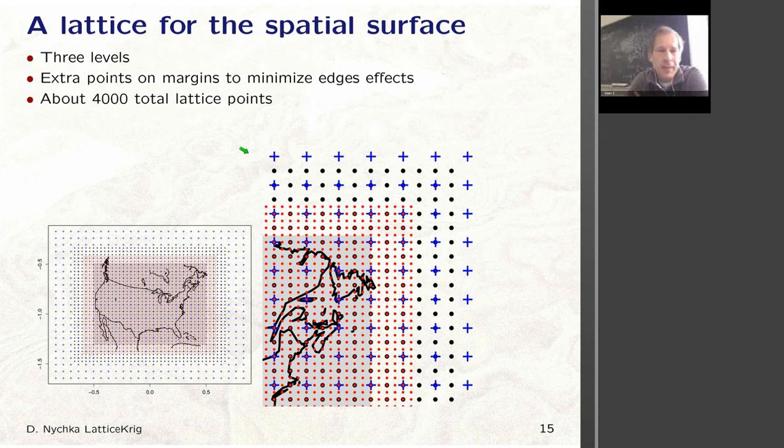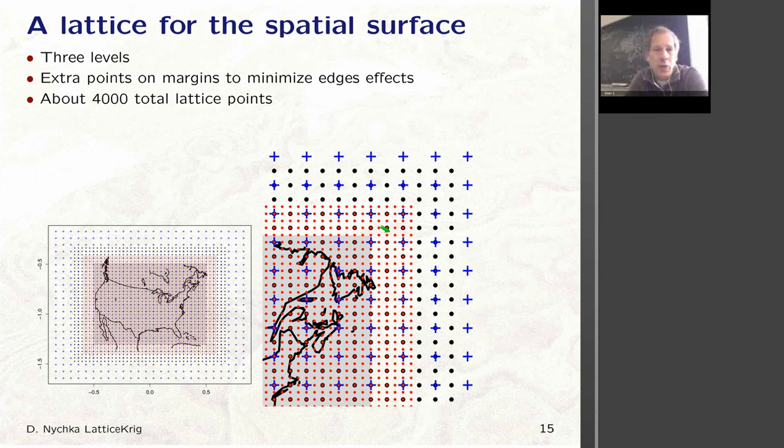This is a good time to make a point about lattices. What's really strange about the lattice-Krig model is that sometimes I'm thinking about the lattice points as actually being spatial locations, because they tell me where to center the bumps for my basis functions.